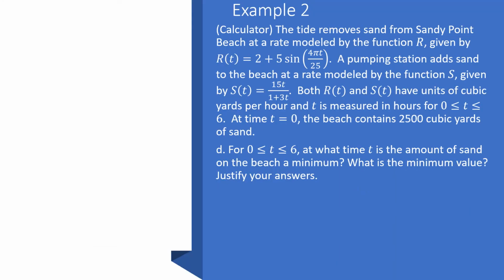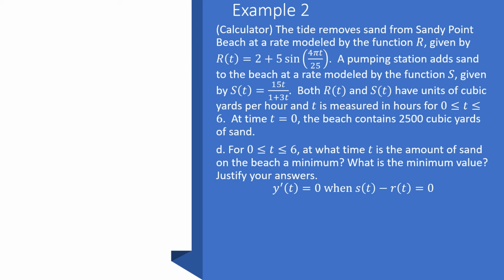All right, part D, it says for time t between 0 and 6, at what time t is the amount of sand on the beach at a minimum, and then what is the minimum value. The second they said when is it at a minimum, they're talking about an absolute minimum, so I have to use the extreme value theorem. The first thing I need to understand is that in order to find a minimum, I have to find the derivative and set it equal to 0.